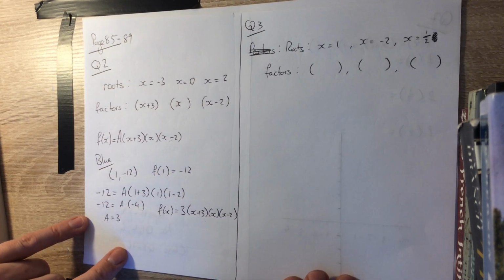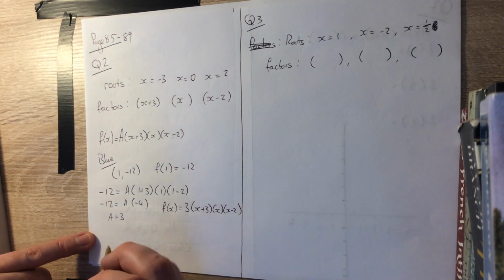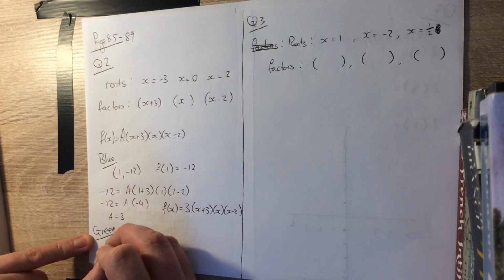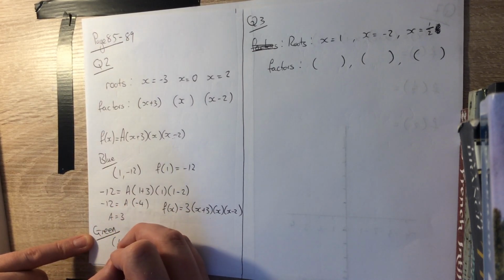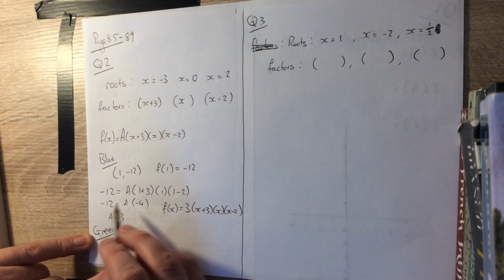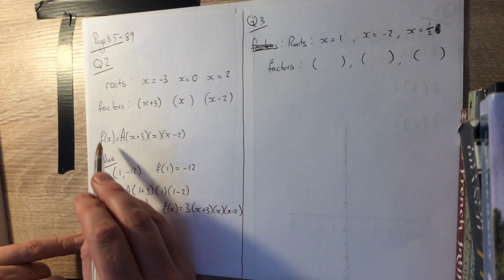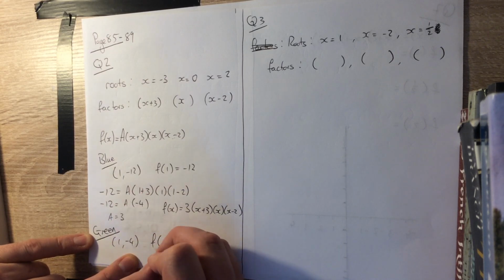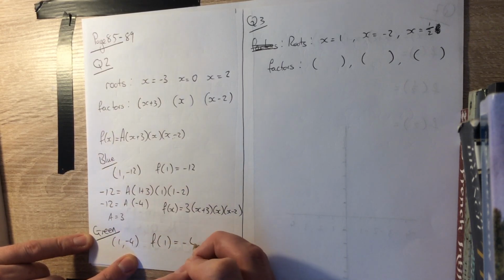I'm running out of space a little bit here, but for the green curve, we know we have the point 1, -4. So that means f of 1 will be -4.